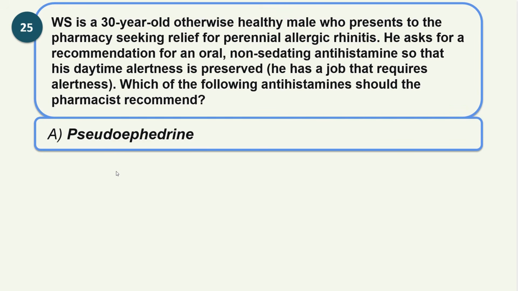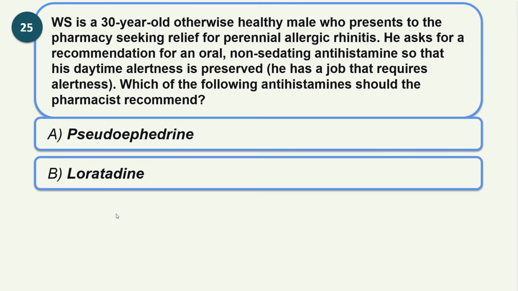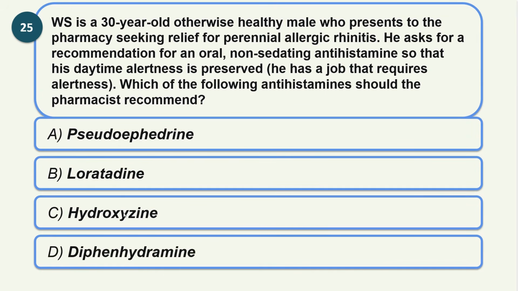A. Pseudoephedrine, B. Loratadine, C. Hydroxyzine, D. Diphenhydramine. The correct answer is loratadine. Loratadine is a second generation, non-sedative antihistamine. Therefore, this is the first line choice for allergic rhinitis, especially if you're looking for a non-sedative antihistamine.